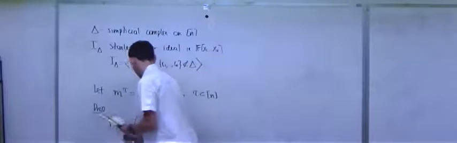So here's the proposition. The Stanley-Reisner ideal of delta can be given as the intersection of the ideals M super n minus sigma, over sigma in my simplicial complex.